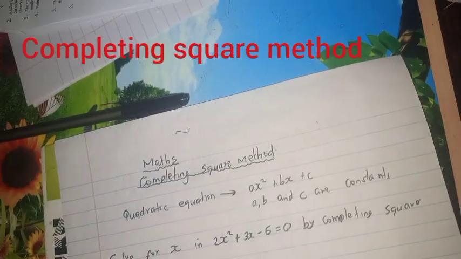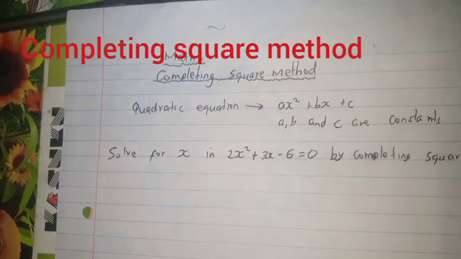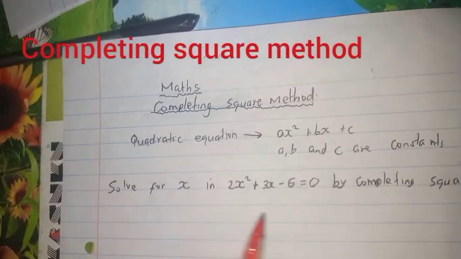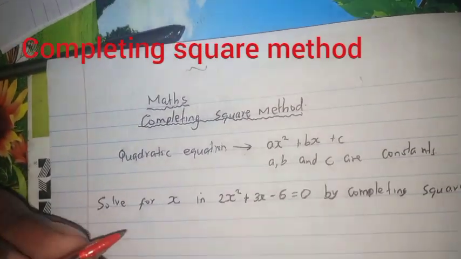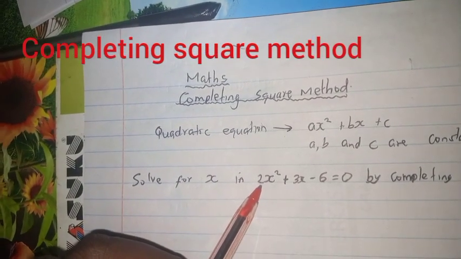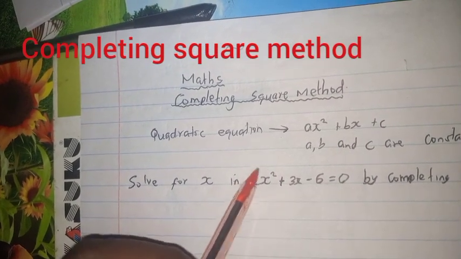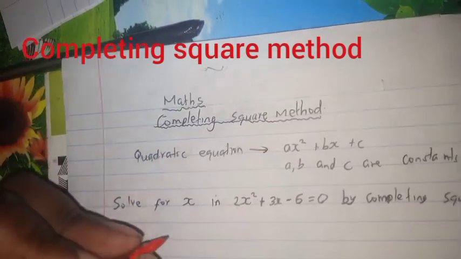There is one thing we must realize in this case. We have solve for x. Now, the first step is making sure that the number here is 1. That means, in other words, you are simplifying by dividing all through.